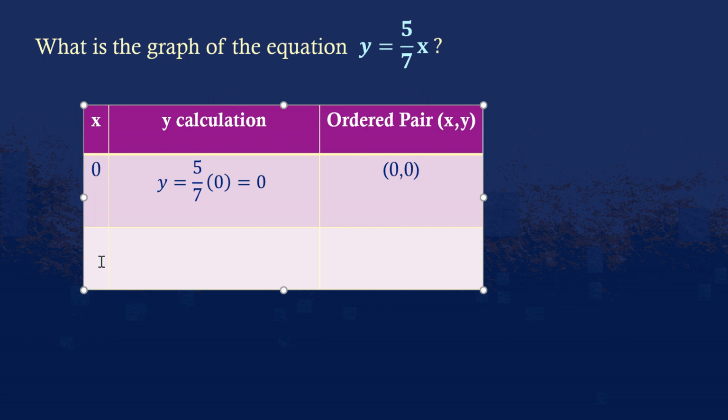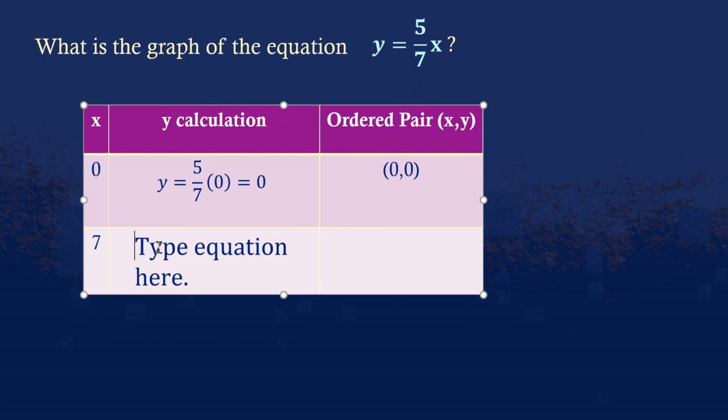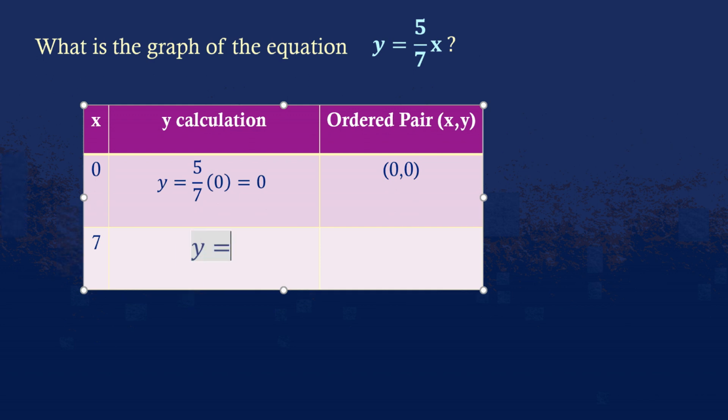That was easy enough. The second x value I'm going to choose is the one that's going to cancel out this denominator and get rid of this pesky fraction. So I'm choosing 7 for x. So then I can calculate y again. So y is 5 over 7 times x, and this x is 7.